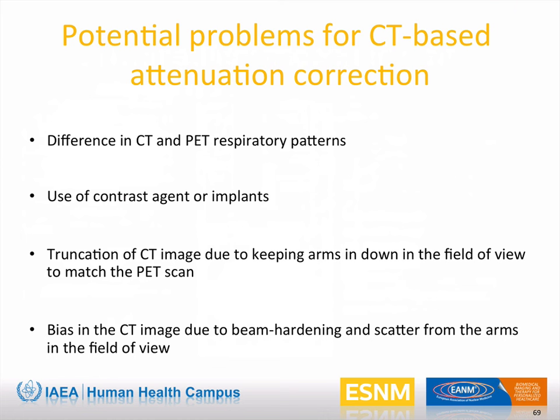In addition, truncation of CT images due to keeping arms down in the field of view to match the PET scan can cause artifacts in corresponding regions in the PET image. And finally, bias in the CT image due to beam hardening and scatter from the arms in the field of view.